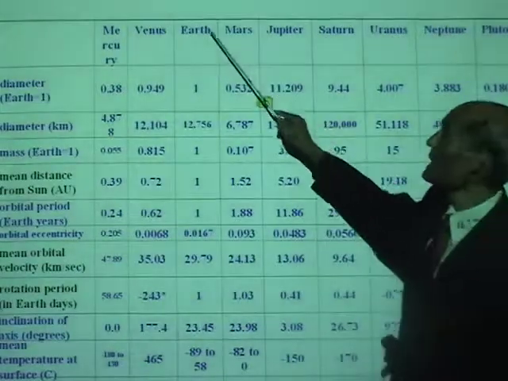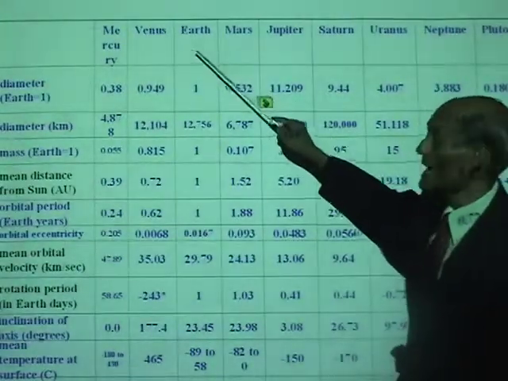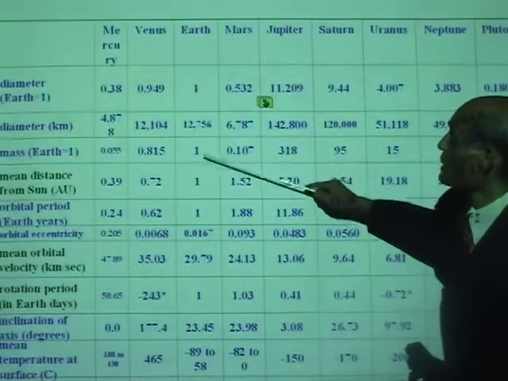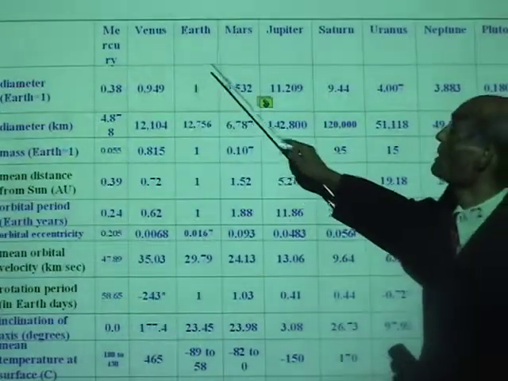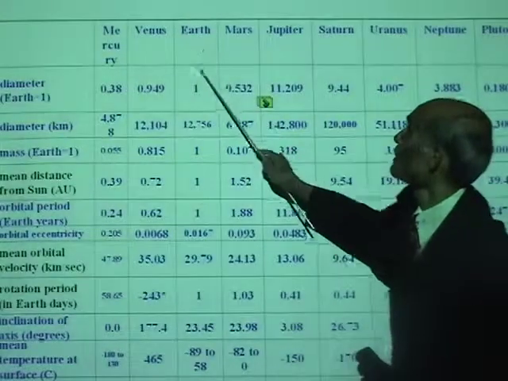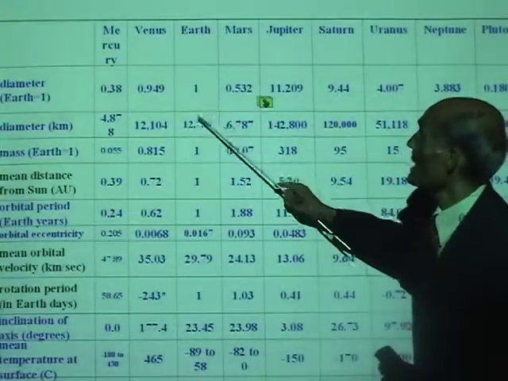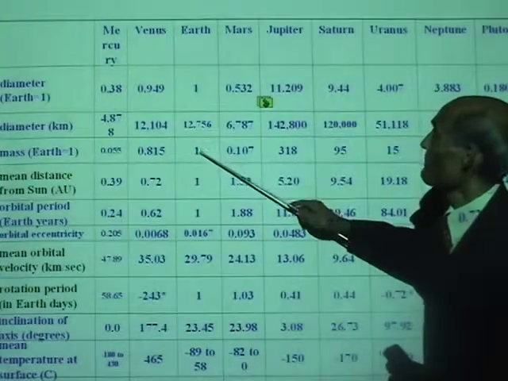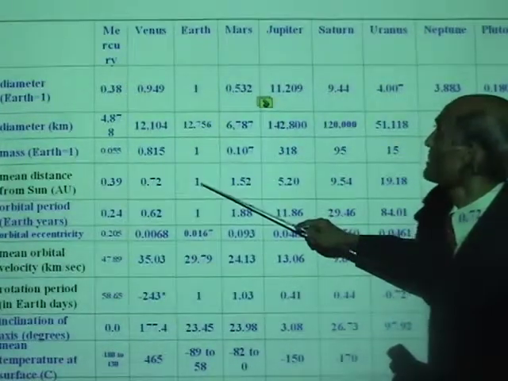I have a table here which actually compares the size, the diameter, and all these compared to Earth. Now, this is the Earth. The Earth has 1 unit diameter, mass, the distance from the Earth.